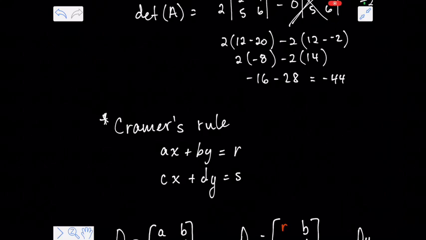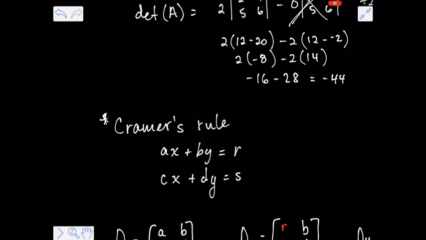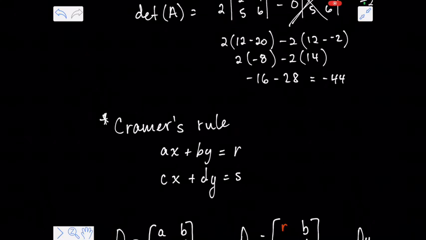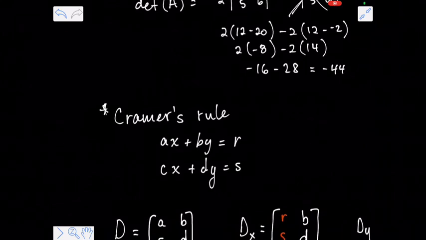For two equations like this, we would calculate 3 separate 2 by 2 determinants. And if you remember, 2 by 2 determinants are very quick. So Cramer's rule for a system of two equations is actually very simple and very quick to do.